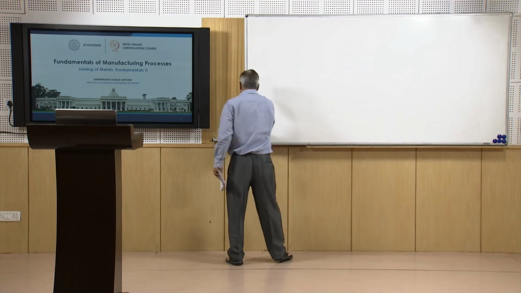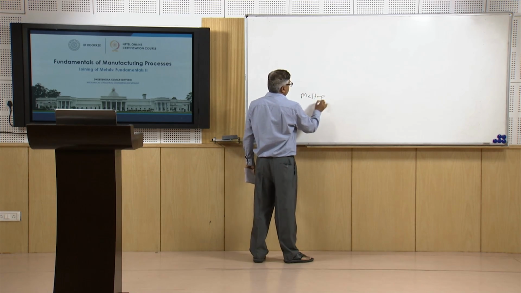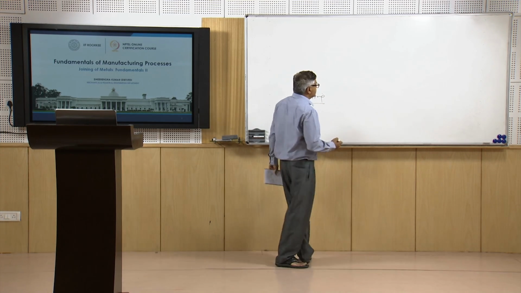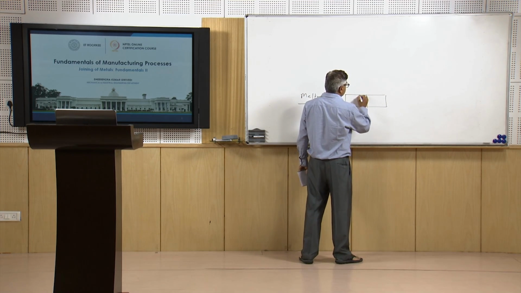Now, we know that whenever the metal is melted during the welding, melting of the metal increases the temperature as well as brings the part of the metal into the molten state.